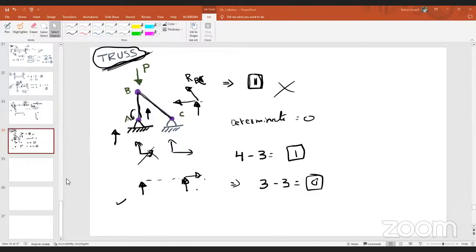Sir, if the member AB is not vertical, what will come, sir? You mean like this, isn't it? You are talking about this case? Yes, sir. Obviously.